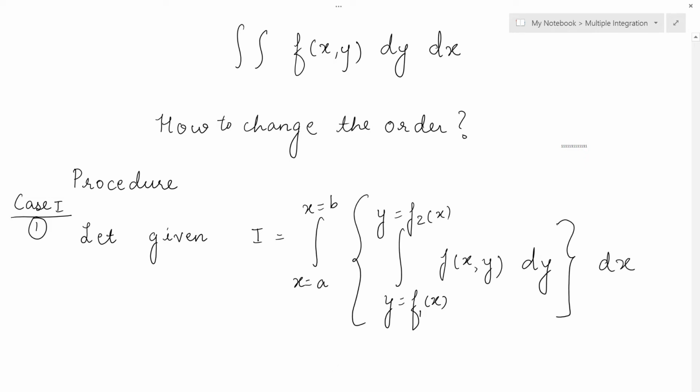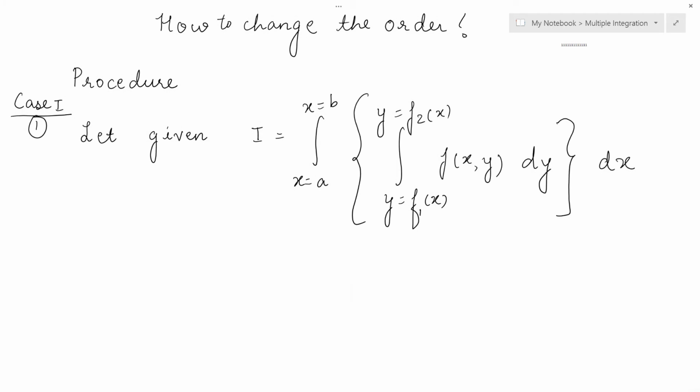So now let us see if this is the sum. The procedure will be, you have to find the given region. Usually the given region R is bounded by the limits.